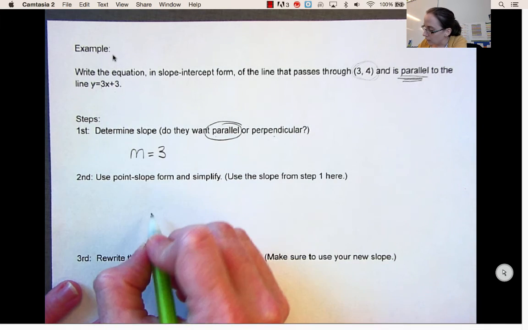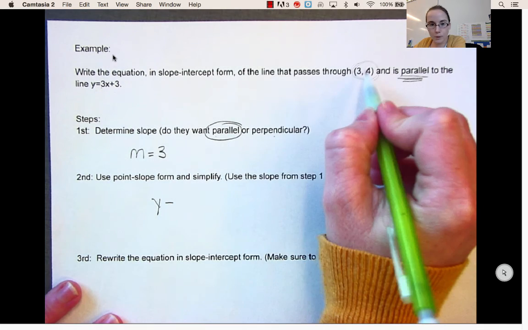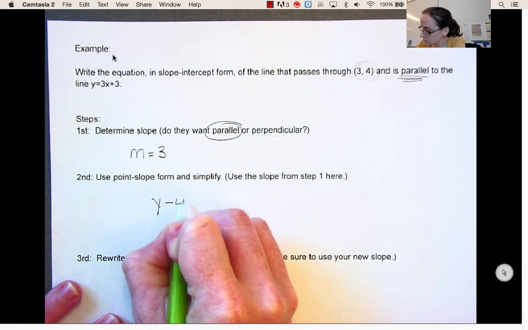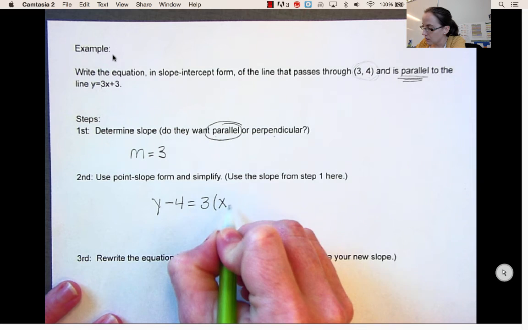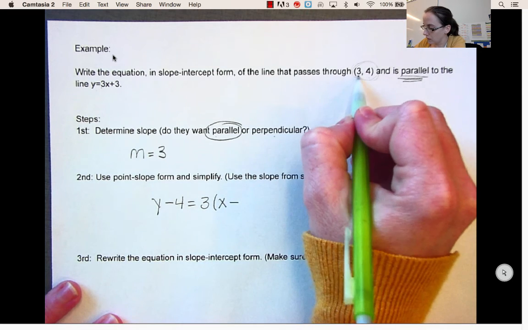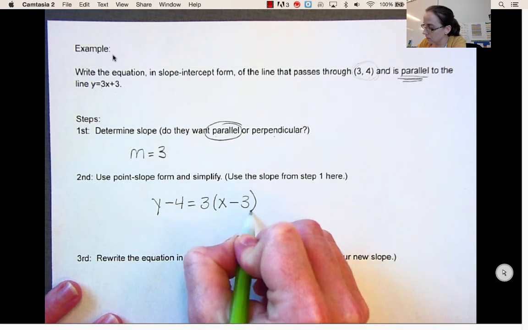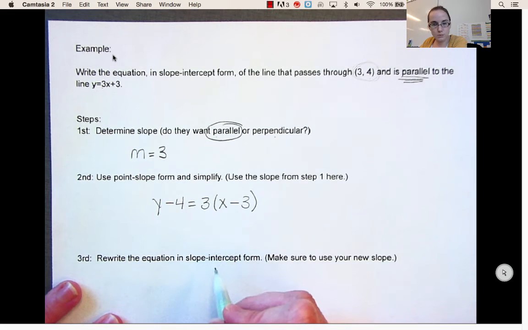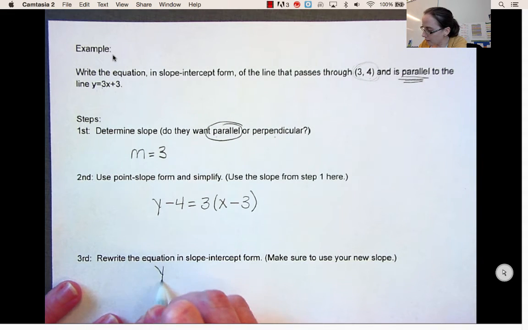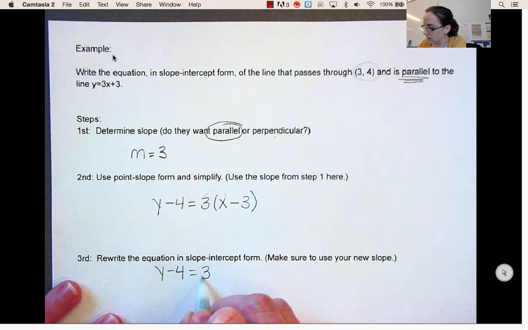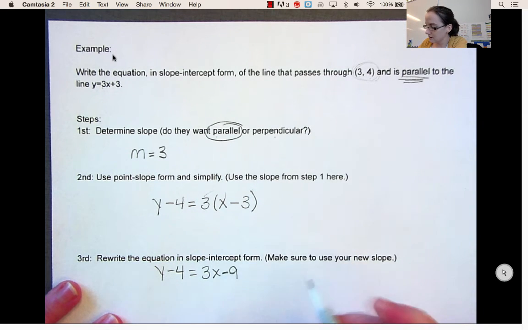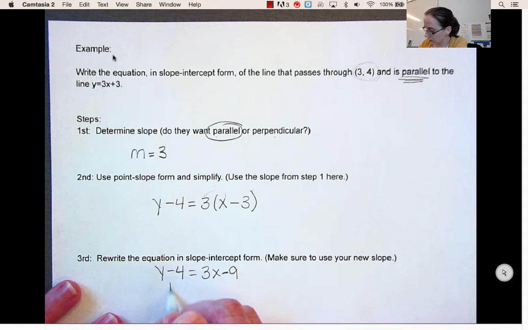So we'll say y minus the y from the point up here, 4, equals 3 times x minus 3, the x from the point, and then we rewrite or simplify. Y minus 4 equals, distribute the 3 in, so 3x minus 9. Move the 4 to the other side, plus 4, plus 4.